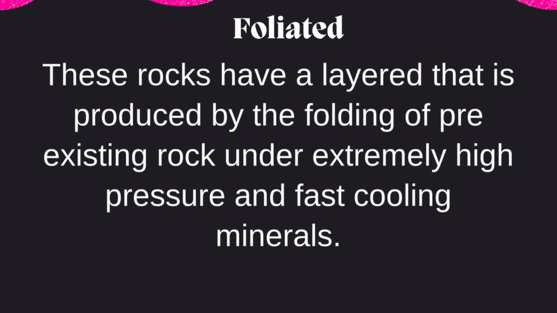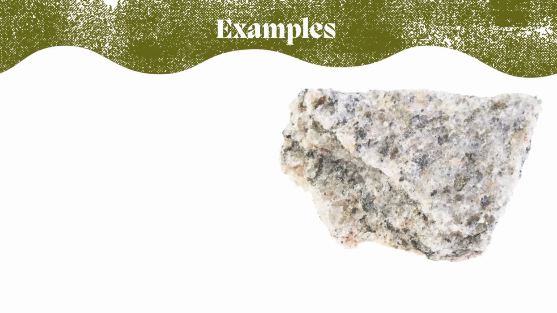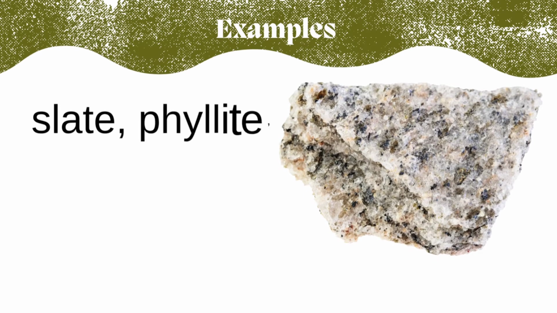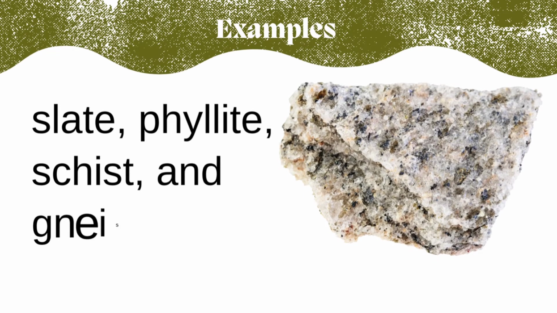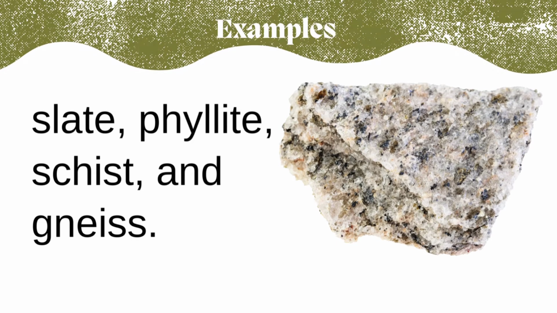In other words, other types of rock will be heated. Okay, as it's heated, it will squish or squeeze and form another new kind of material with different layers, which of course we call metamorphic rock. Some examples of foliated are slate, phyllite, schist, and gneiss. These are examples of foliated metamorphic rock.